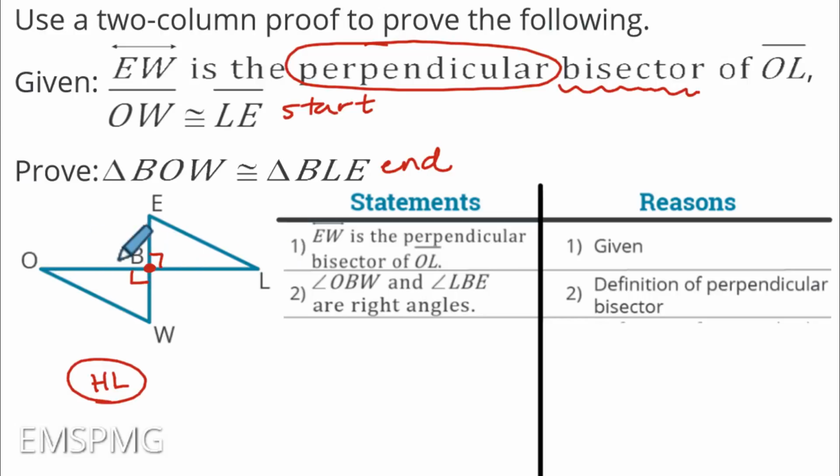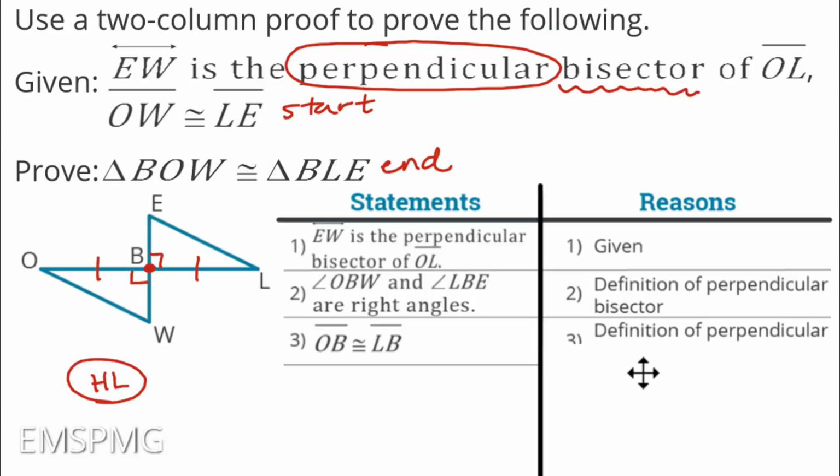And this means that this half must be congruent to this half. So I'm going to label this side here, don't forget to label, as congruent to the other half. Writing that in our table, for step number 3, OB is congruent to LB. And the reason for that, same thing we did for number 2, we use the definition of the perpendicular bisector from the given.